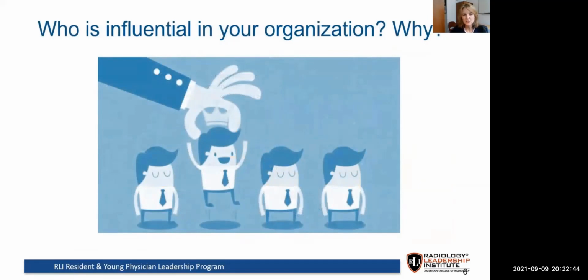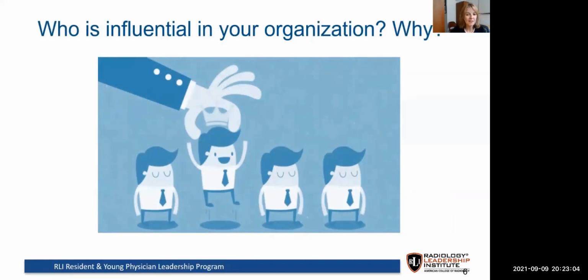Another thing I would suggest you do is look at who is influential in your organization and think about why. Look at who's already serving on committees, who is getting leadership roles, and think about where you see opportunities for yourself.